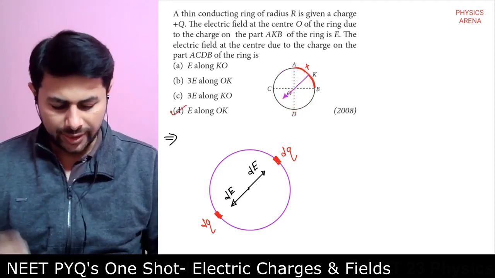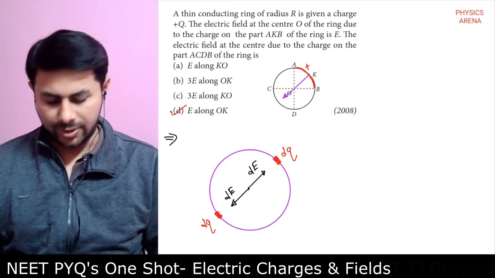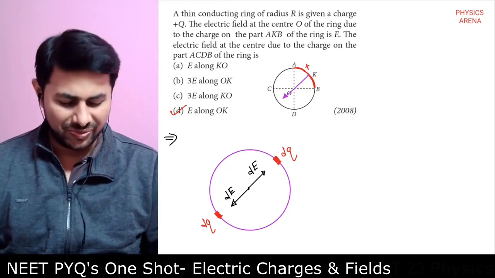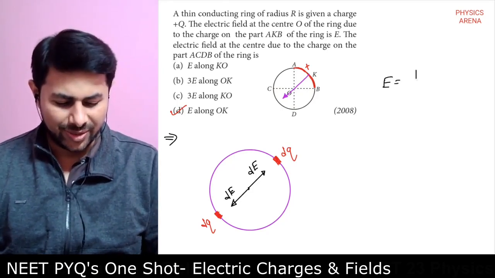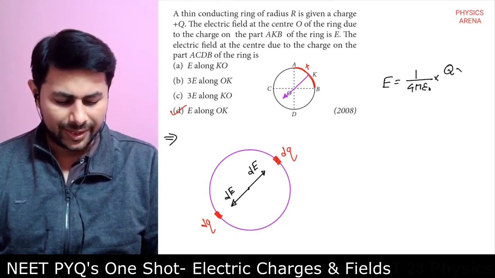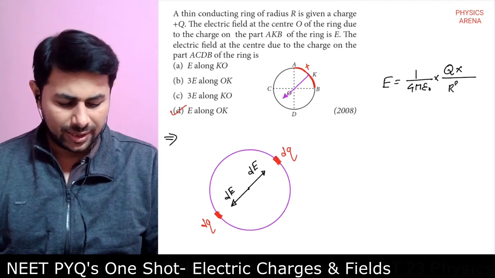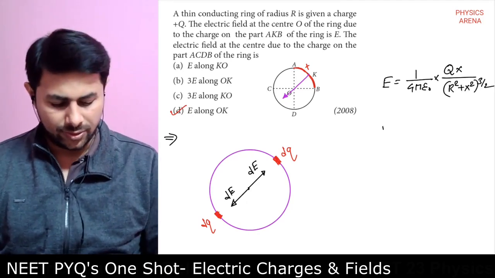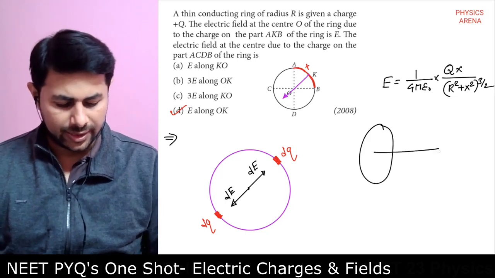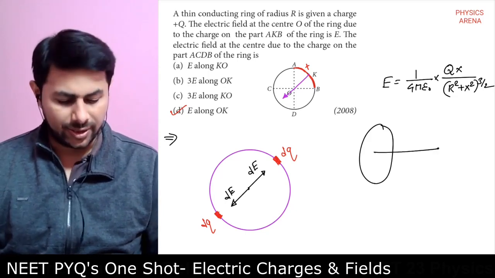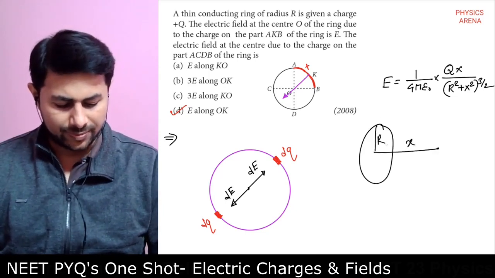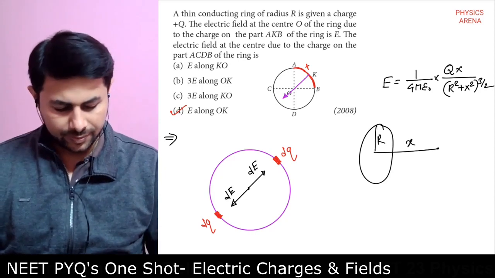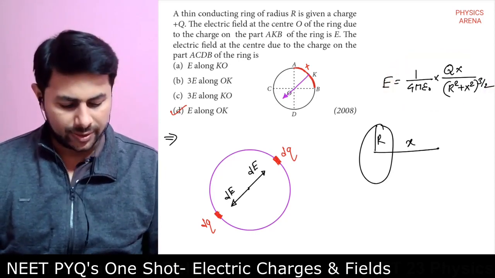There is one more way to think that the electric field at the center would be 0. What way? We have the formula, right? E equals 1 upon 4 pi epsilon naught, q multiplied by x divided by (r square plus x square) raised to 3 by 2. So if you have a ring, the electric field on the axis of the ring is given by this formula.